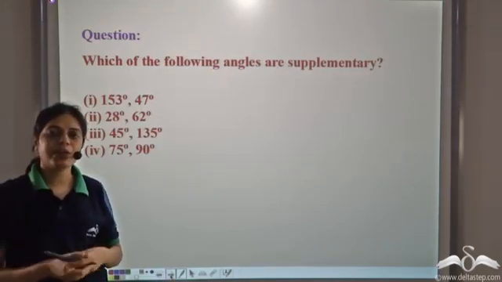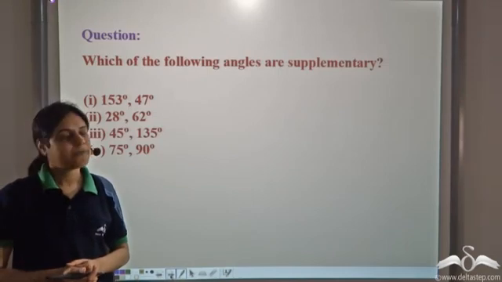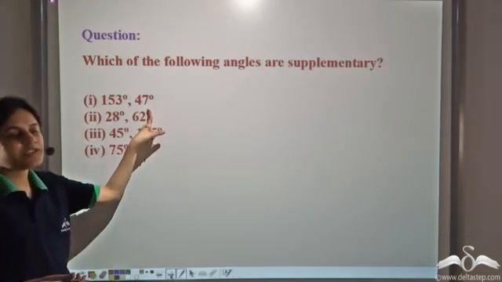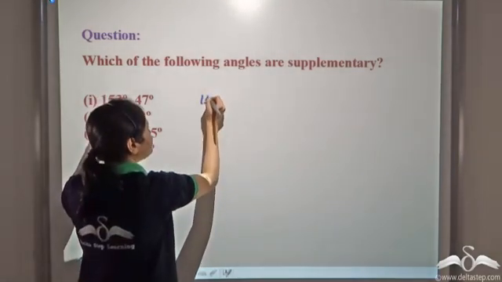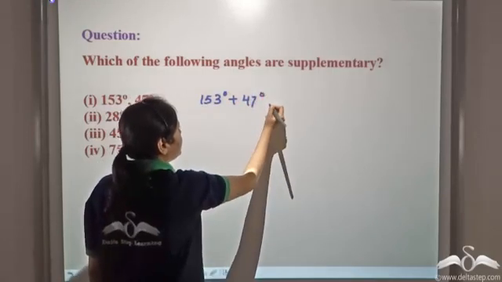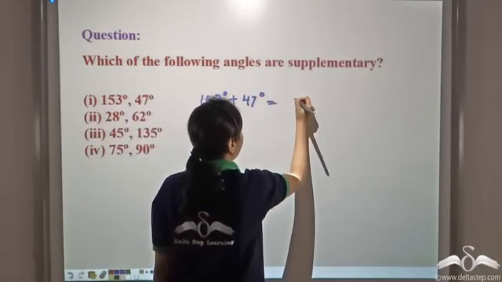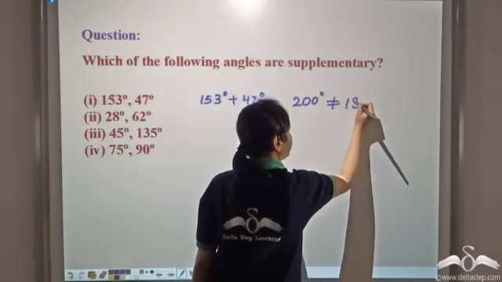Now, can you tell me which of these angles is supplementary? Well, let's add them and check. 153 plus 47 is equal to 200 degrees, which is not equal to 180.